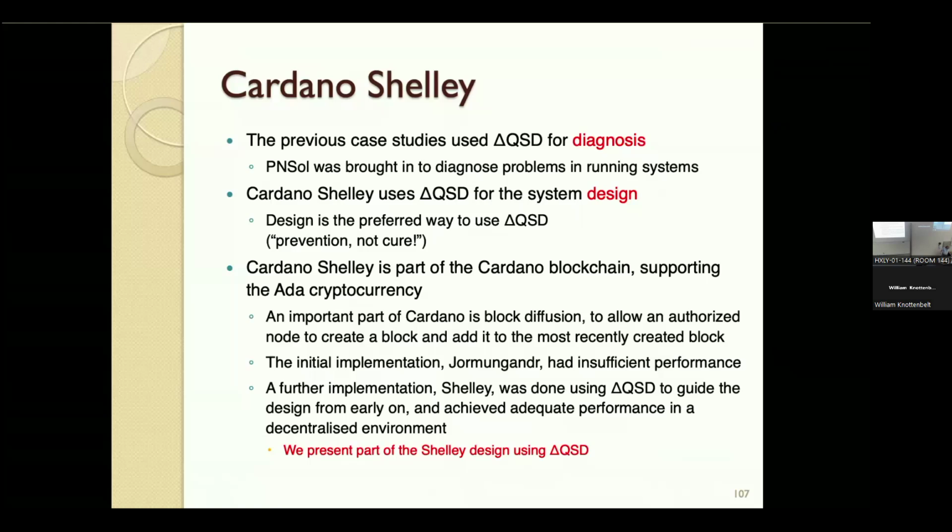The context is that there was an initial implementation called Jormungandr, some Nordic-influenced name, but it didn't really perform well. The second implementation, called Shelley, which is what I'm going to talk about, used ΔQSD to guide the design. It's written in Haskell, and the original one was written in Rust.